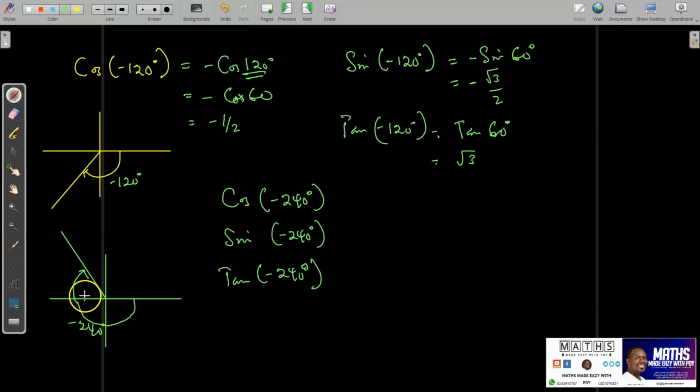Then the question now is, what special angle can we get from 240 degrees? 30 degrees. That is 30 degrees, very good.